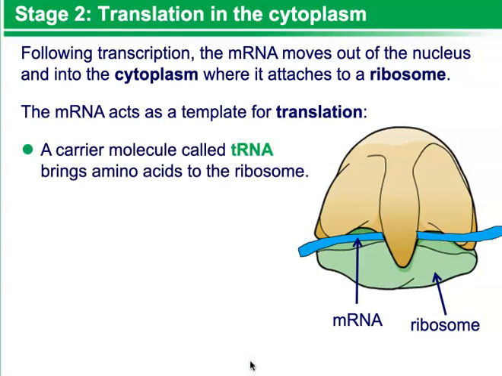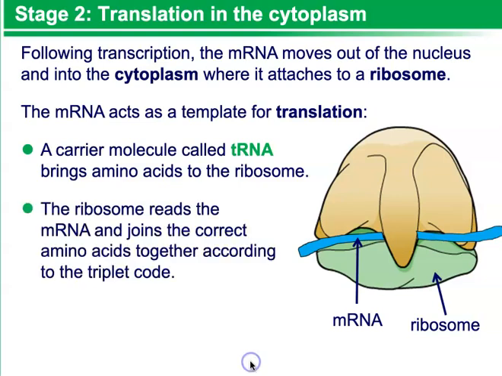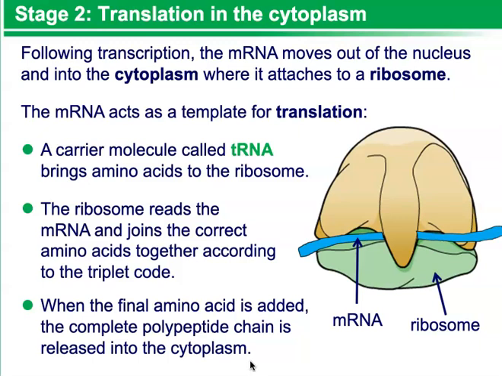A carrier molecule called transfer RNA, or tRNA, brings amino acids to the ribosome. The ribosome reads the mRNA and joins the correct amino acids together according to the triplet code. When the final amino acid is added, the complete polypeptide chain is released into the cytoplasm.